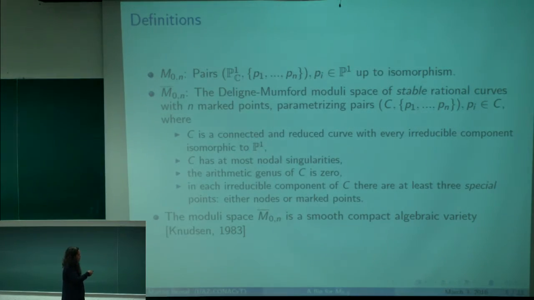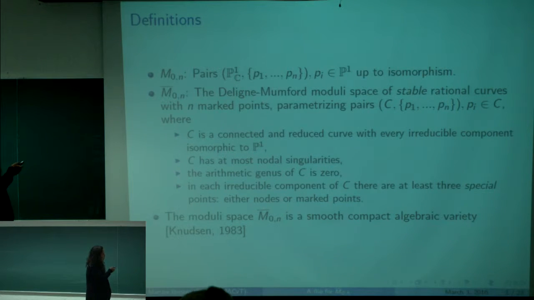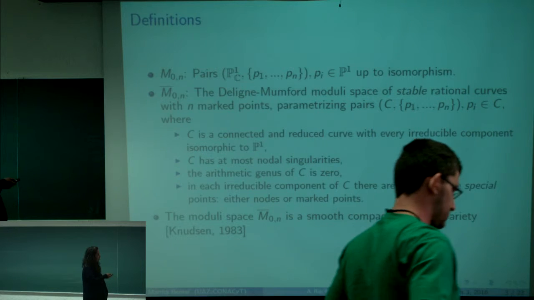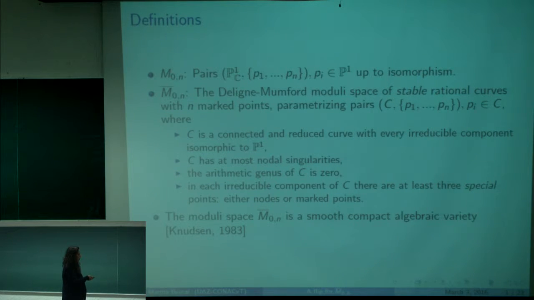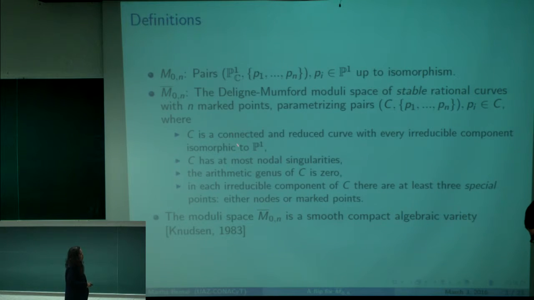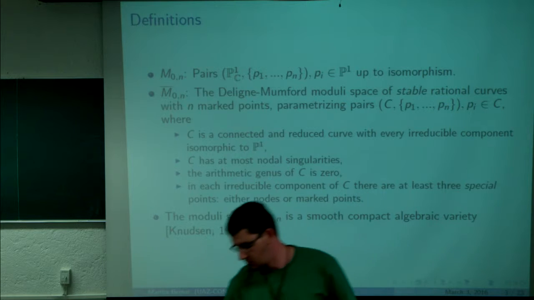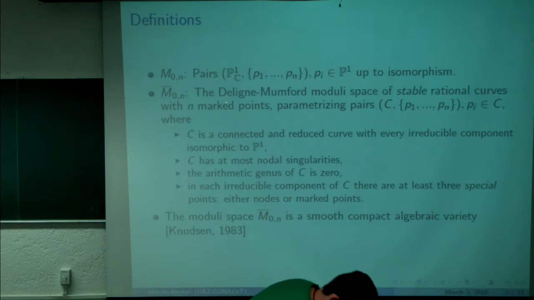And it has this celebrated compactification of Deligne-Mumford, where stable curves are added to the boundary. And these conditions here are what makes a curve stable. They should be nodal curves, and every component should be isomorphic to P1, should be rational. So the only singularities are nodes.